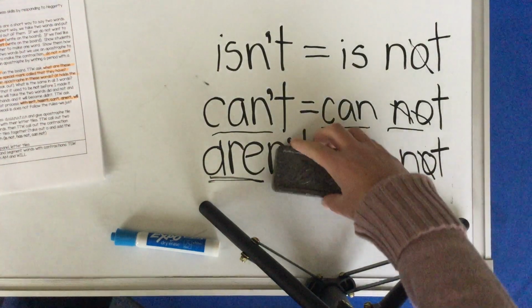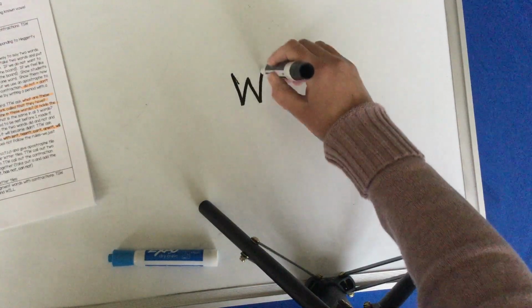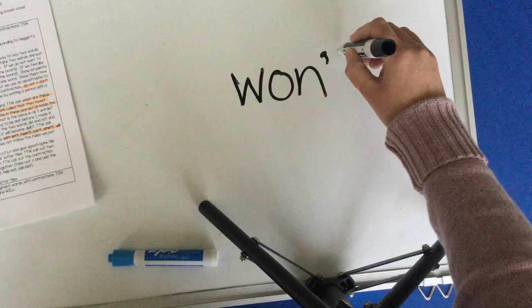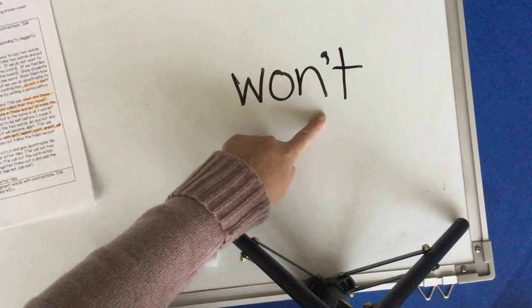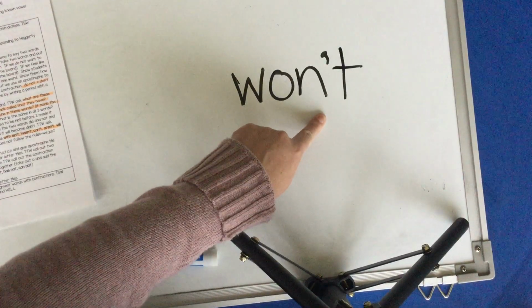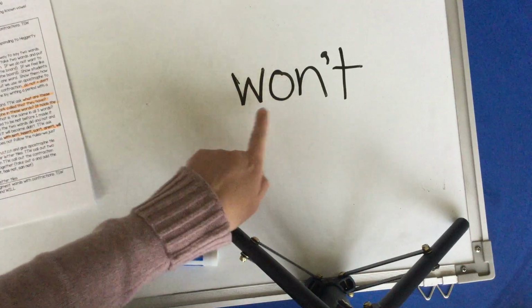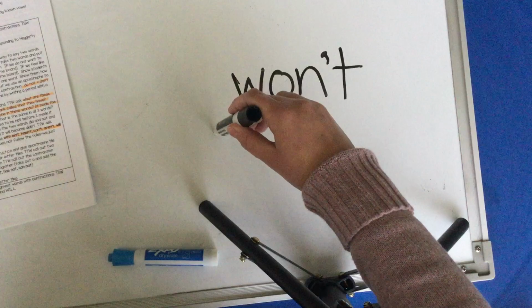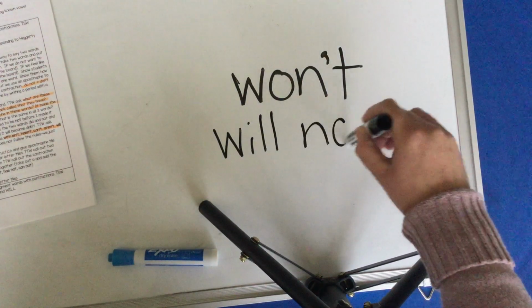And then let's look at a special one. This one's a little different. It doesn't follow our rule. So this word is won't. Okay. So this is the word won't. This doesn't mean I want a piece of candy, I want that toy. That's a different want. We don't spell it this way. This is a contraction won't. This actually is from these two words, will, not.